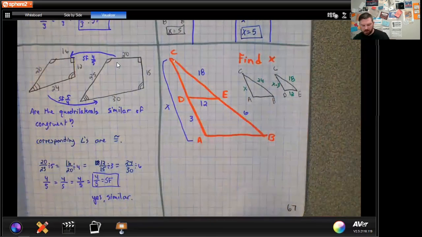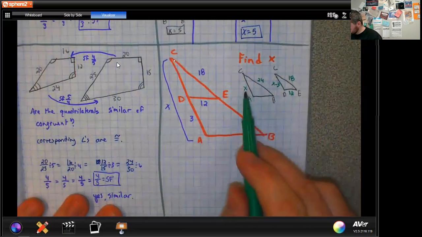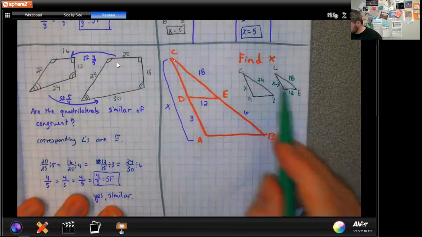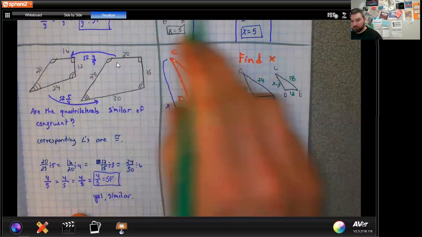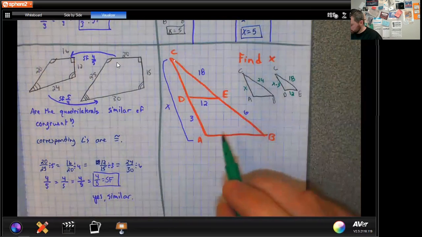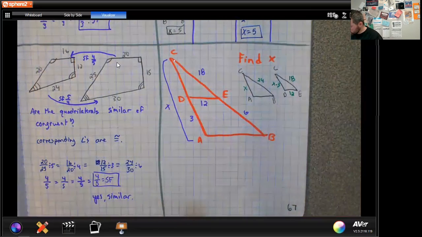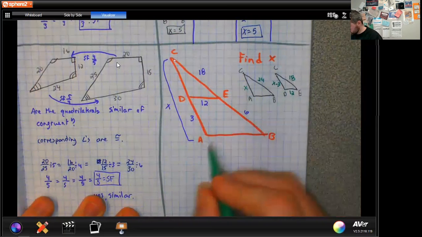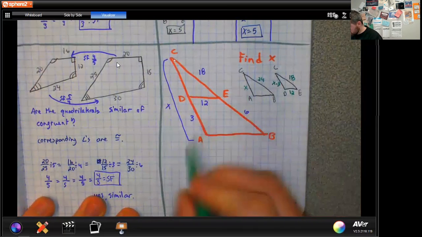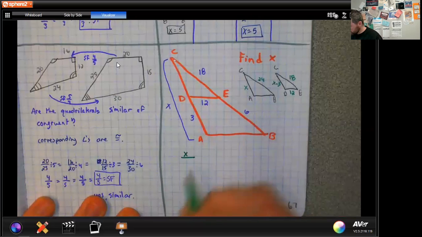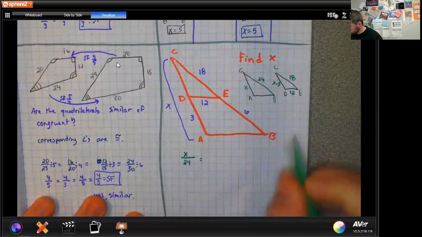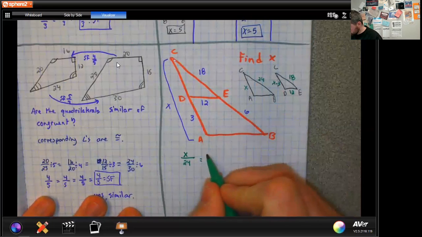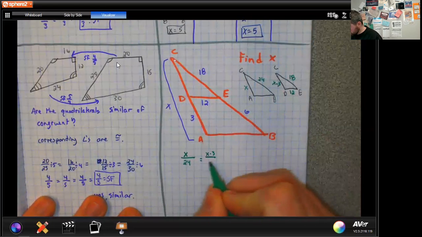All right, so now what we're going to do is use these two sides and these two sides, this one's not even needed, to form a ratio or a proportion like we did in the example above. It doesn't matter the direction you go. So we're just going to start here, x over 24 equals x minus 3 over 18.